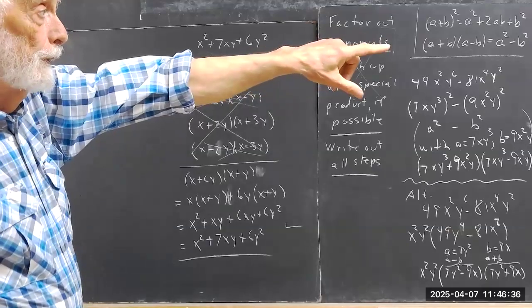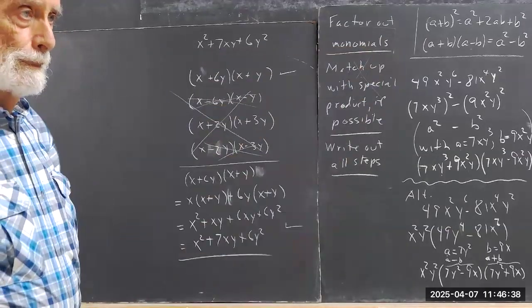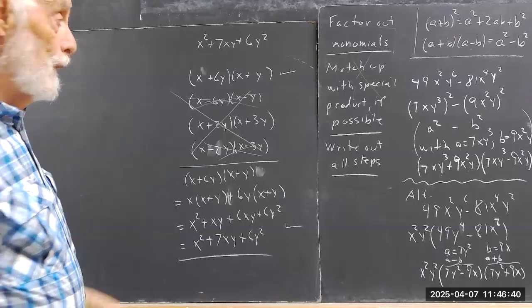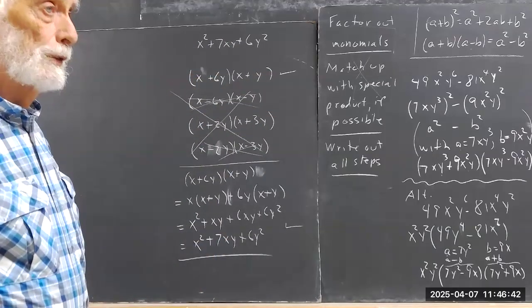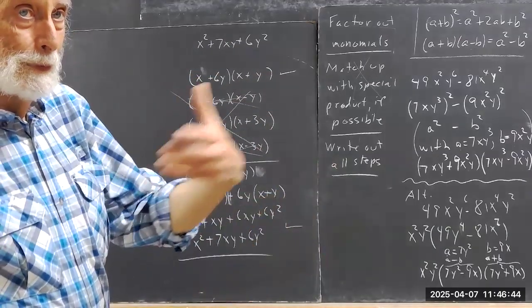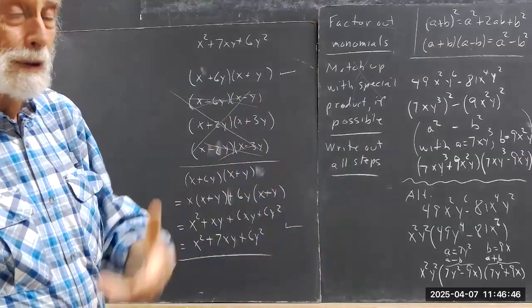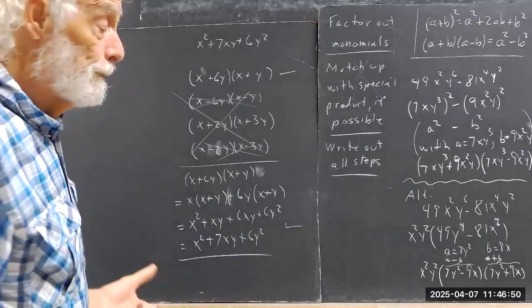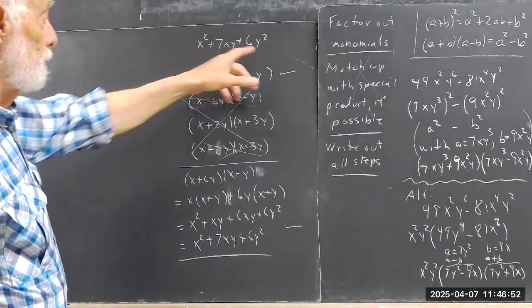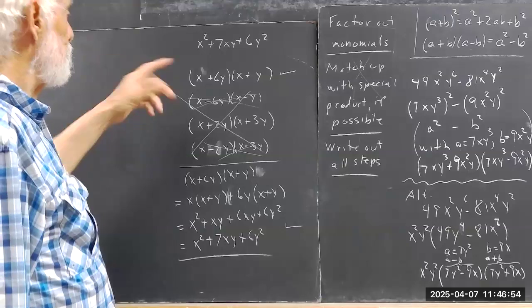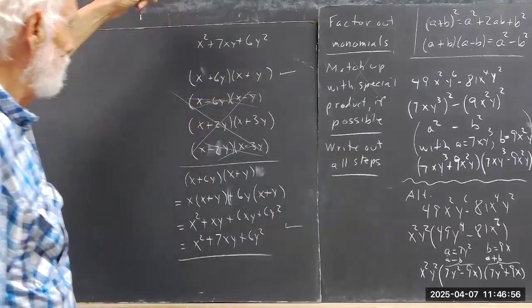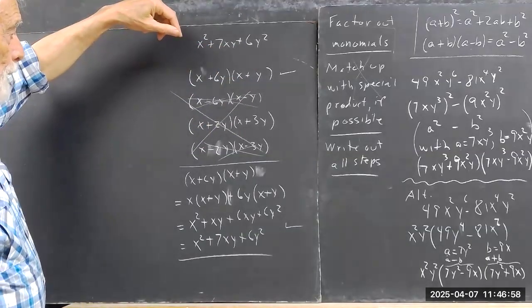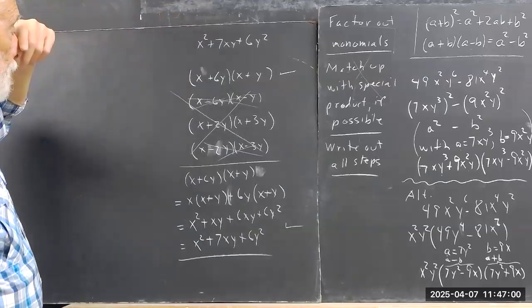Now, when I said factor using special product, I said that, but then I wrote one down. It's just a trinomial, including coefficient 1, that hopefully you could factor. Some of you did. Okay. But it's a little bit of a curveball. I threw it out to see what you do with it. And a lot of them did pretty well with it.